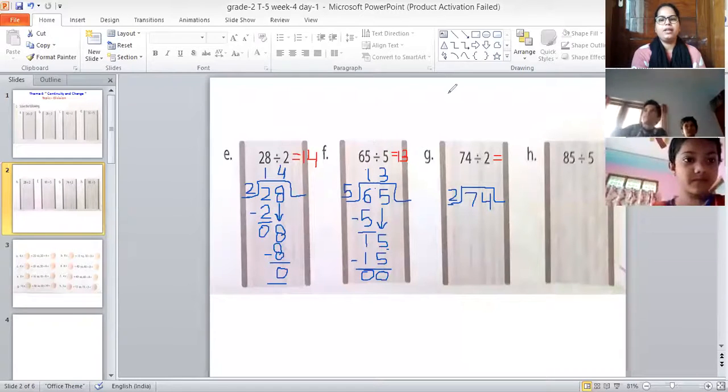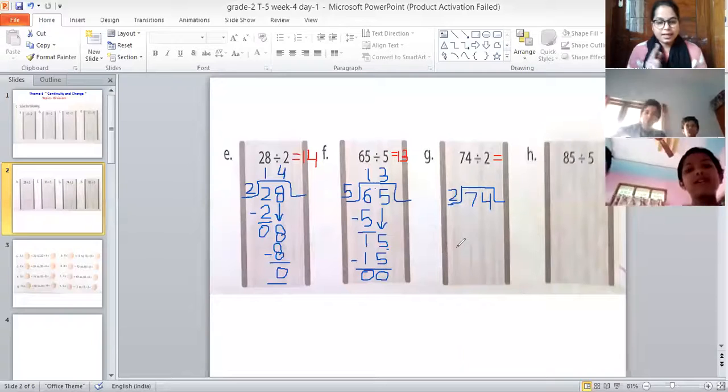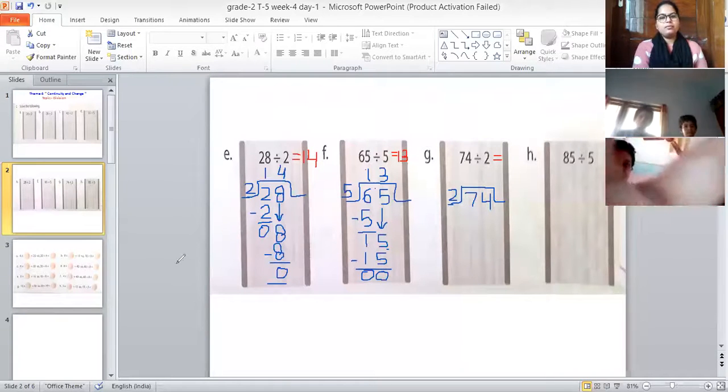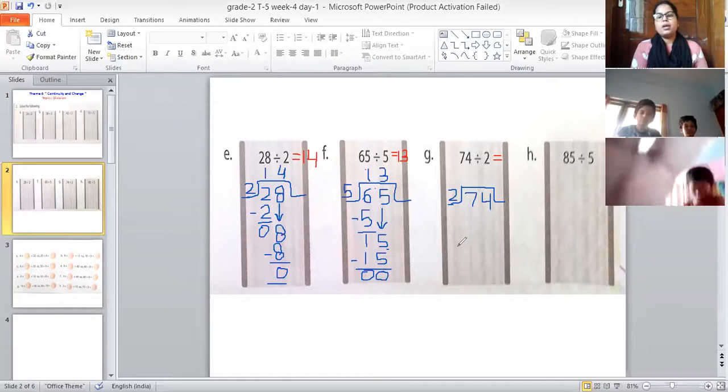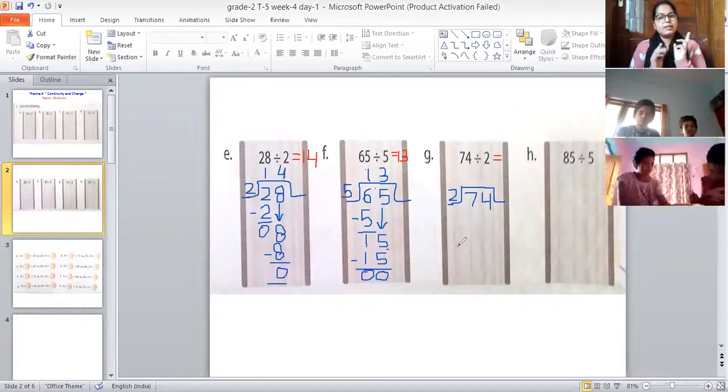Yeah, children, I'll repeat again, why are we taking here 6? Because we have here 3 numbers in 2 table that are smaller than 7, that is 2, 4, and 6.